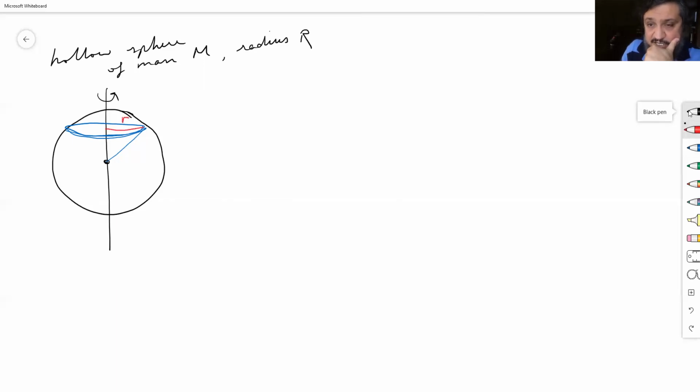And this r changes. If you move this around the surface of the sphere, r changes. But there's also the other r, which is the radius, right? The radius here, capital R. And let's call this angle here theta. So this makes r equal to capital R sine theta.